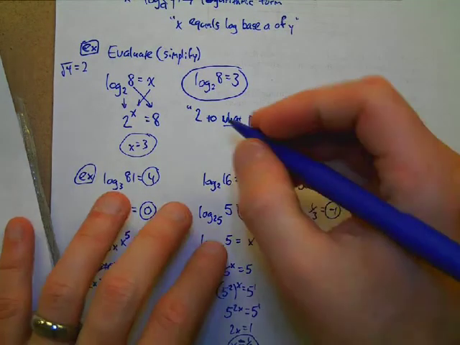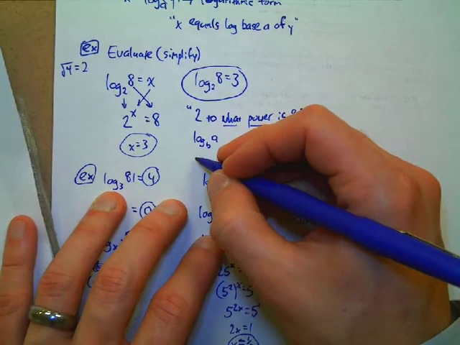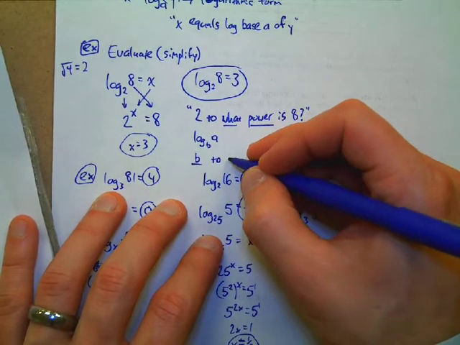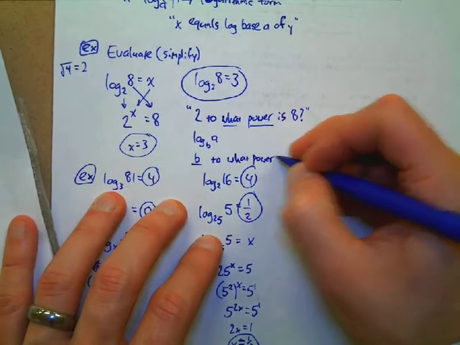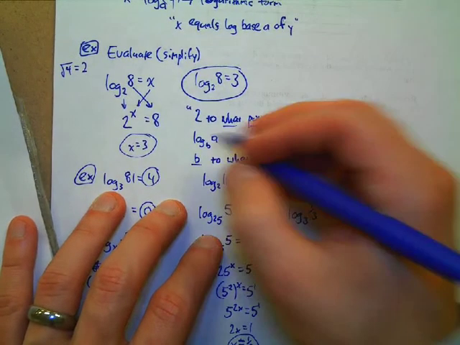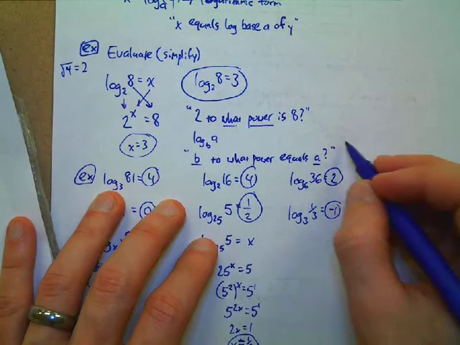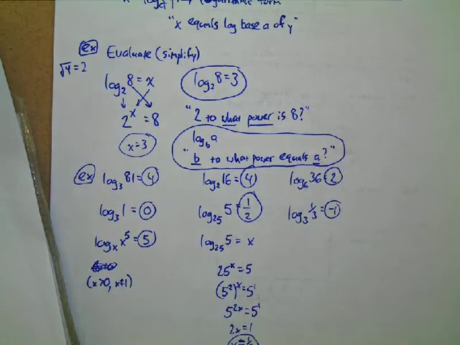If you have something like log base b of a, it is b to what power equals a. This is the crucial question you need to know to ask when evaluating a logarithm. Any logarithm you come across, log base b of a: b, your base, to what power equals a. That power you come up with, that number, that's your answer.